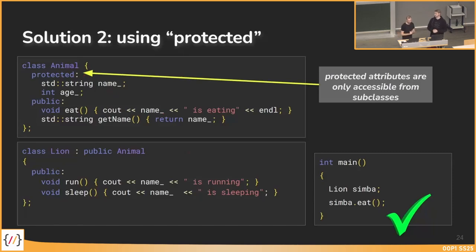Protected basically means they are like private, but all the derived classes can access them too. This is the only difference. So in this case, the name and the age is still not accessible from outside, except if you are a derived class of animal, then you can access it directly using, in this case, the name.